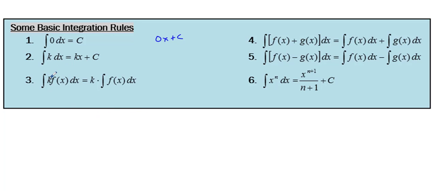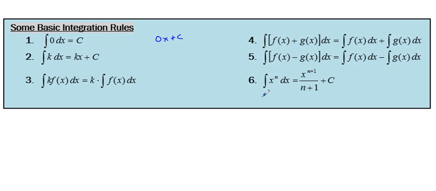Constant multiplier could go in front. We didn't formally state this or write this, but if we have the antiderivative of multiple terms, we're adding them or subtracting them, it's the same as the antiderivative of each term added together or subtracted.